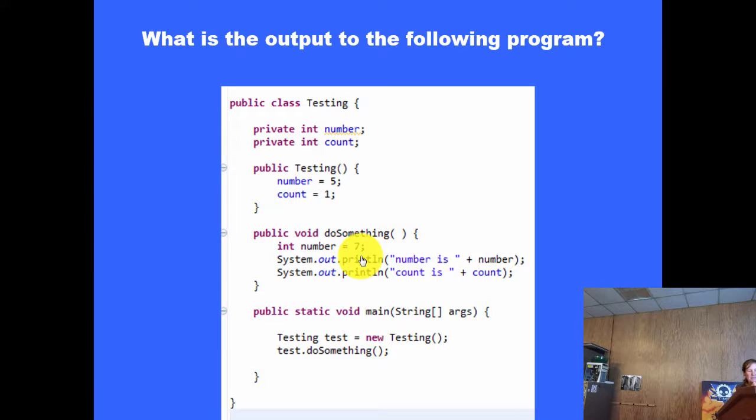Good. It prints out number is 7 and then count is 1. Good. And do you see what it's doing? So it makes that constructor. It constructs this object. Goes up here. It makes number 5 count 1. And then it calls this method doSomething. So it comes up here. But it makes a new local variable called number, which actually will take the precedence over the instance variable. So it will print 7 and then it prints its count instance variable as 1. Very good. Excellent.